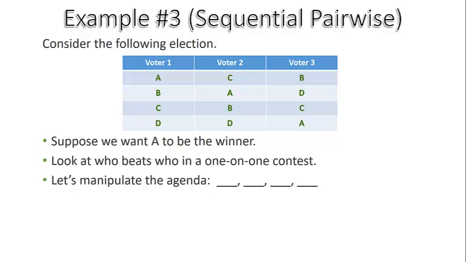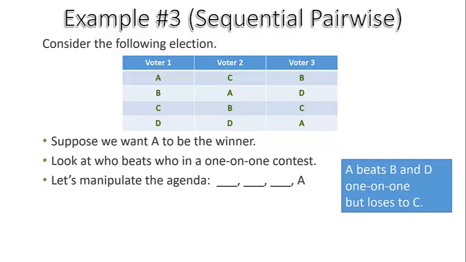Okay, now if we want candidate A to be the winner, to give that candidate the best shot possible, we want that candidate to go last in the agenda, right? That way they only have to beat one other person. So we're going to put A last on our agenda. Notice that A beats candidates B and D one-on-one, but would lose to candidate C. So we want to get candidate C out of the way.